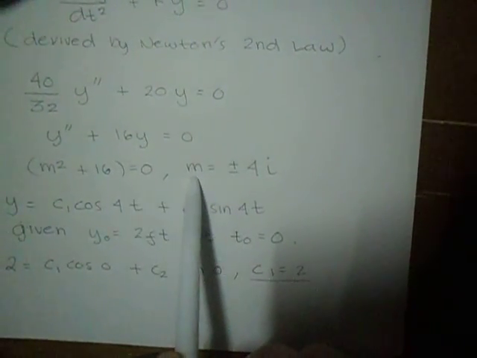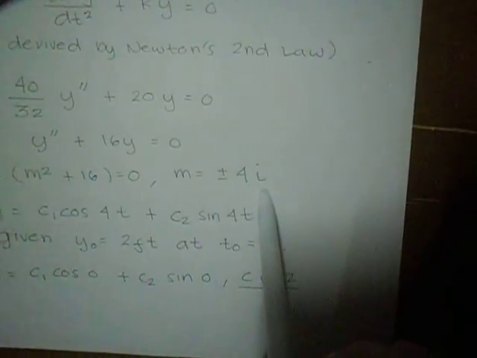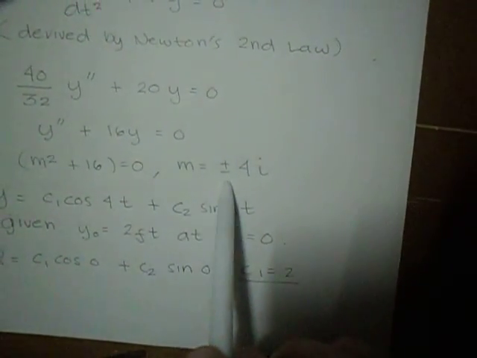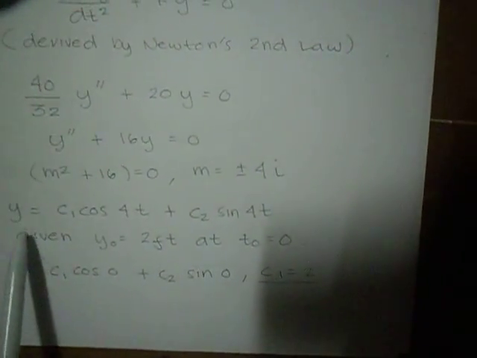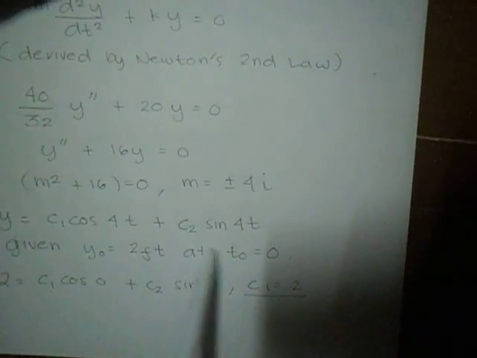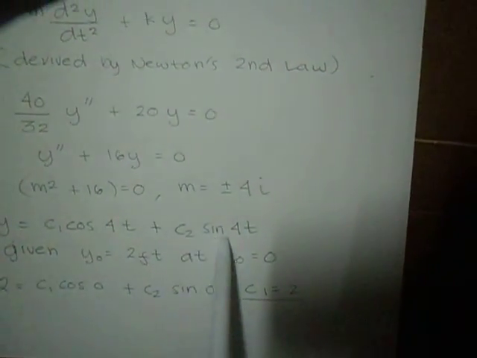This will give you the values of m, which are complex roots, positive and negative 4i, and this will give you your complementary function y is equal to c1 cosine 4t plus c2 sine 4t.